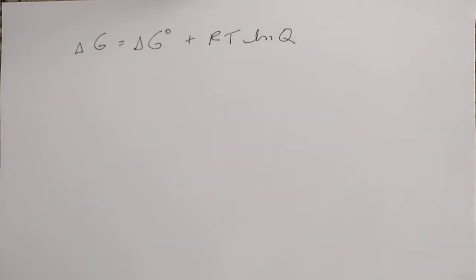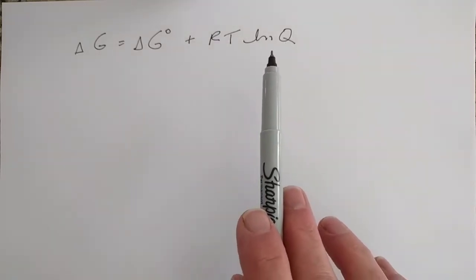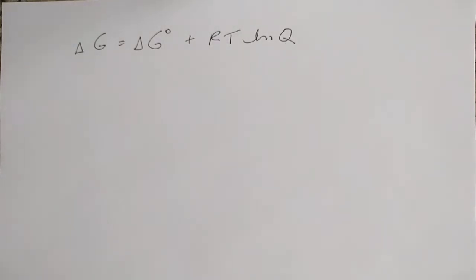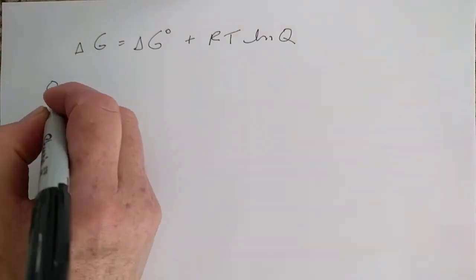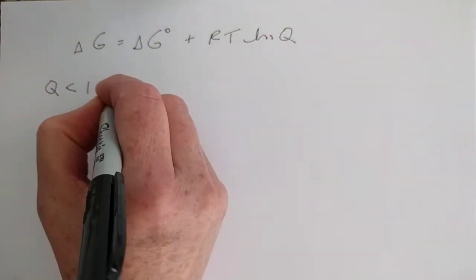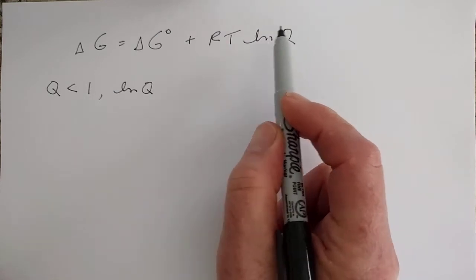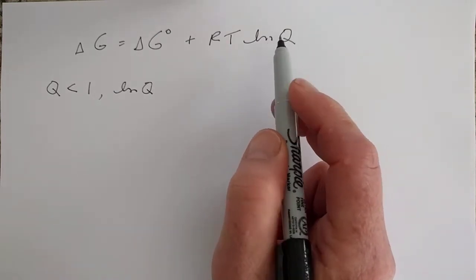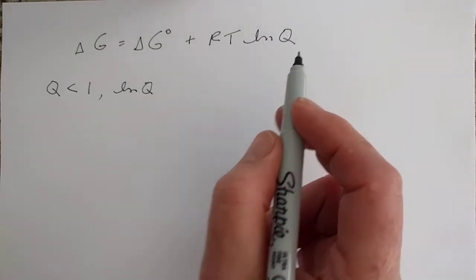So let's take a look at this equation and evaluate it in terms of what happens depending on the value of our Q. So when our Q is less than 1, then the ln of Q, if Q is less than 1, we have a fraction. Of course, it has to be greater than 0. We're going to have all positive values for concentrations or pressures.